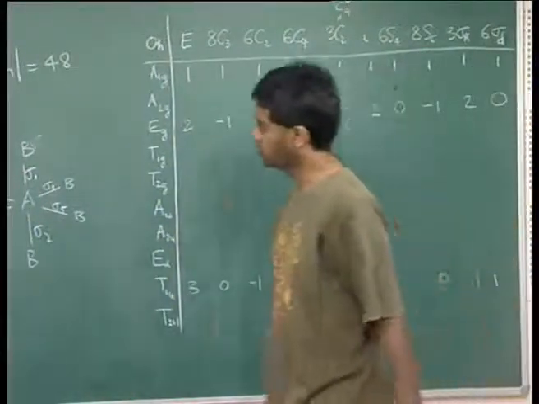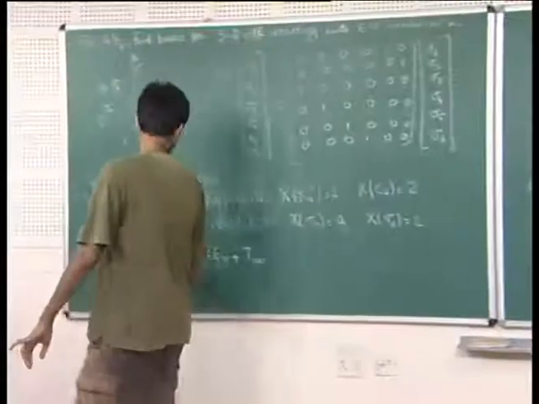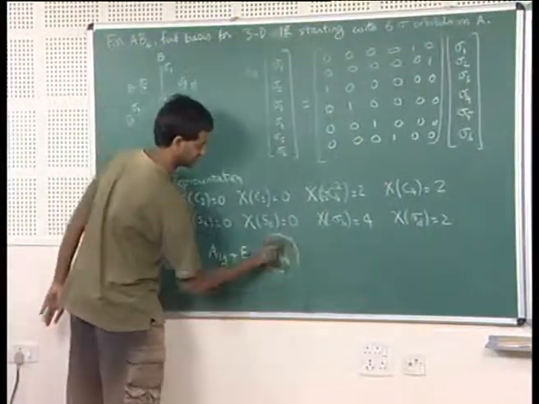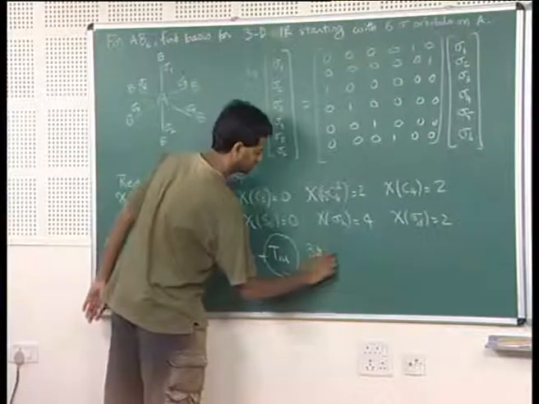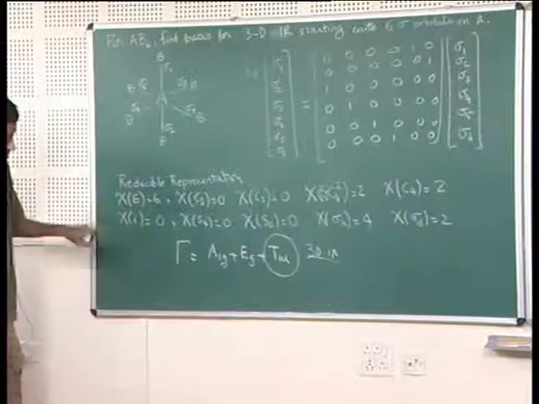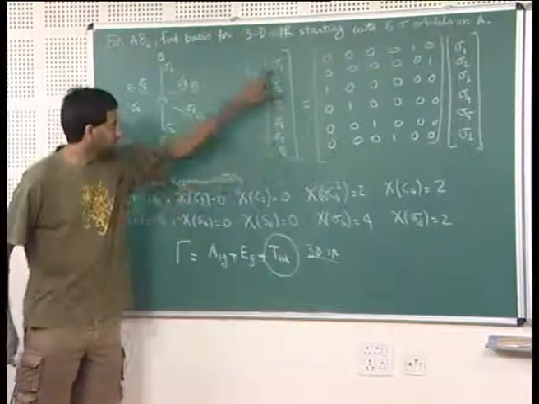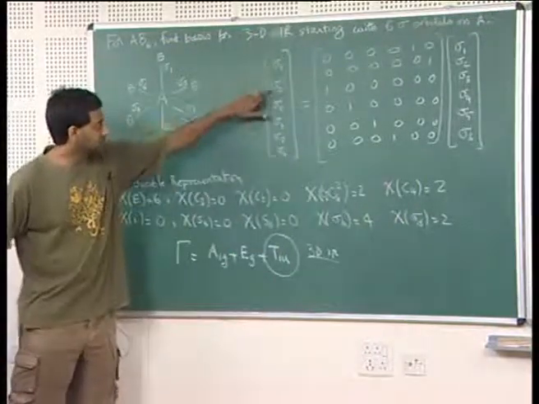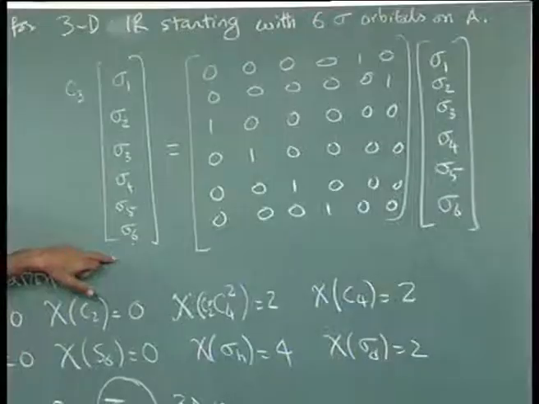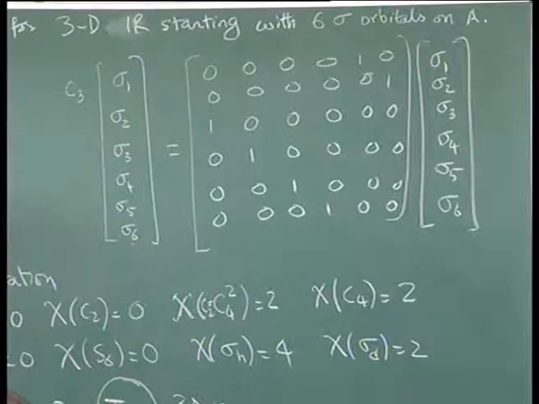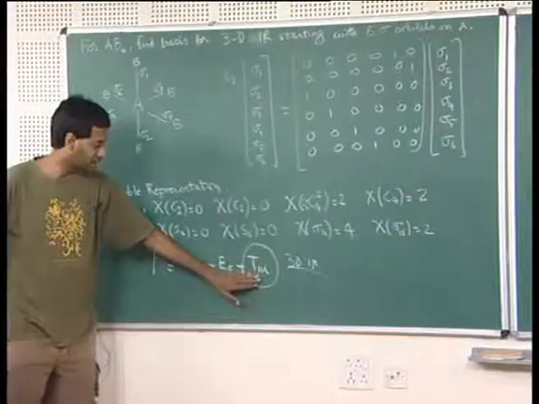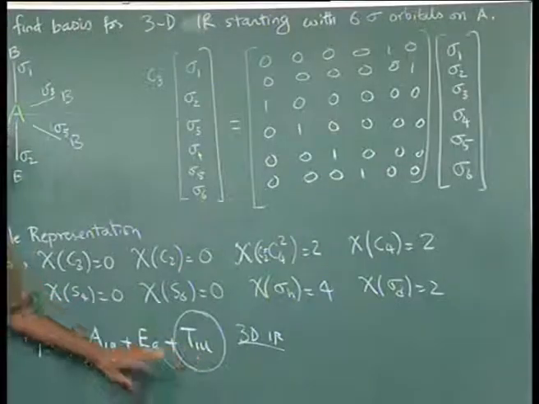Now you have a one-dimensional representation, a 2-dimensional representation, and this is the 3-dimensional representation, the 3D irreducible representation. What you want to do is to construct appropriate linear combinations of the sigmas such that they become a basis for T1u. So we want to find an appropriate basis for T1u using the sigmas.